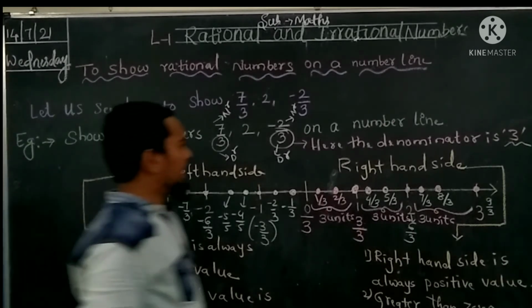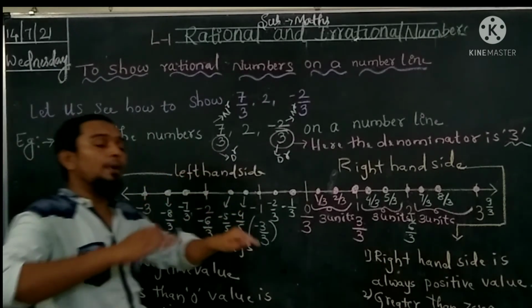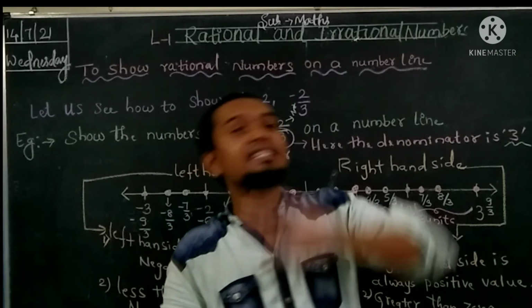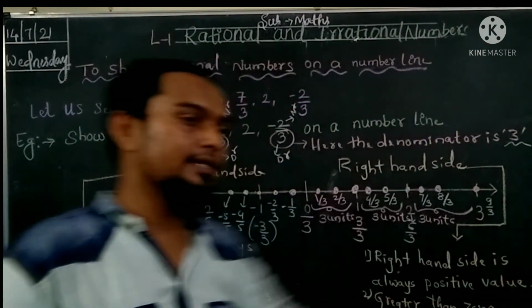Now we are taking 7 upon 3. 7 upon 3 is a positive value. Positive value means that it is on the right hand side. 7 upon 3 is here on the right hand side.